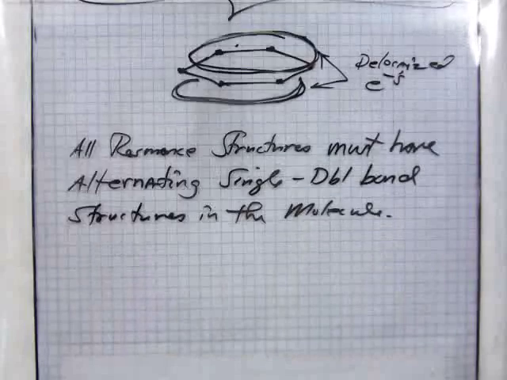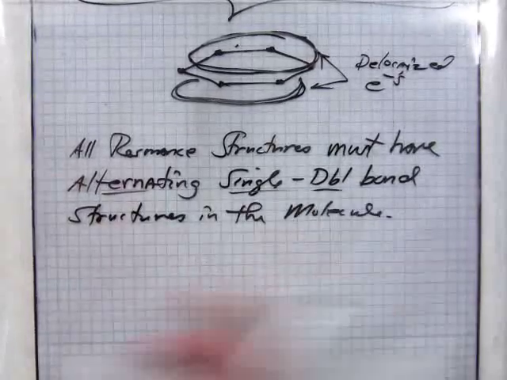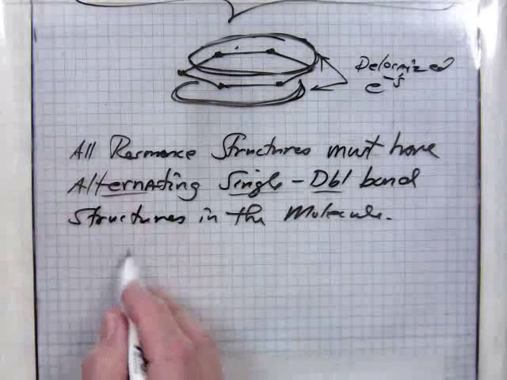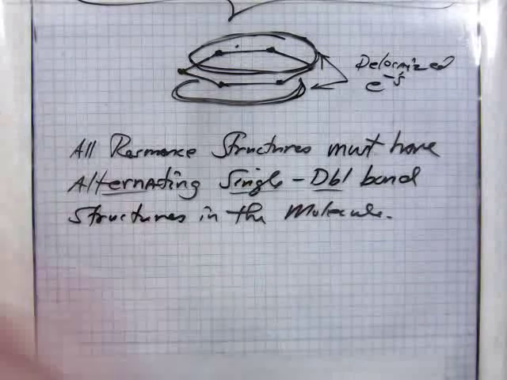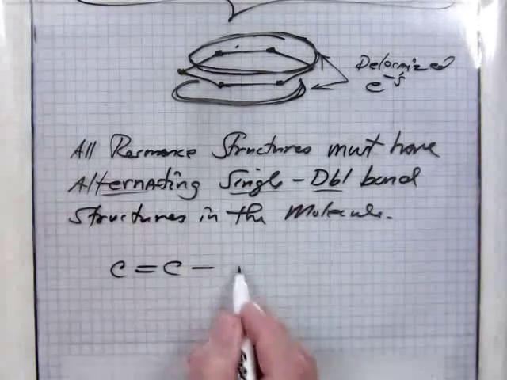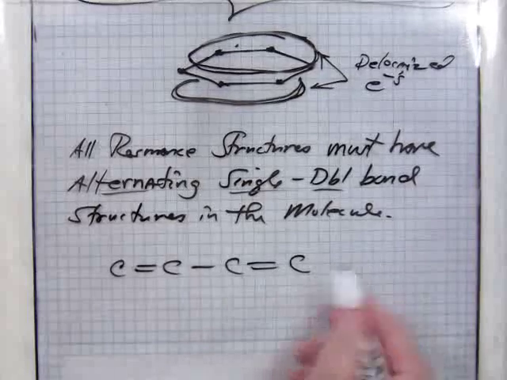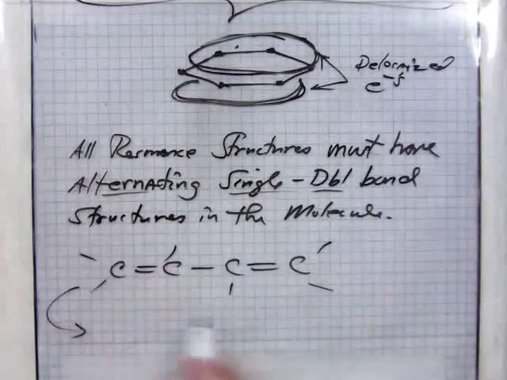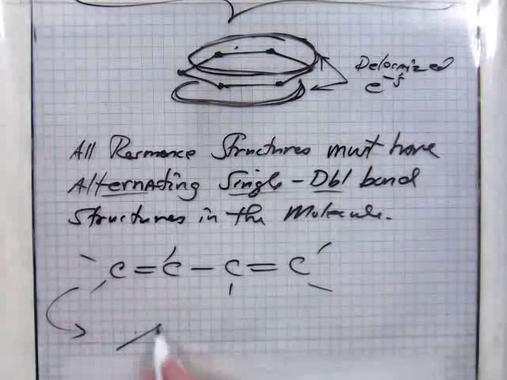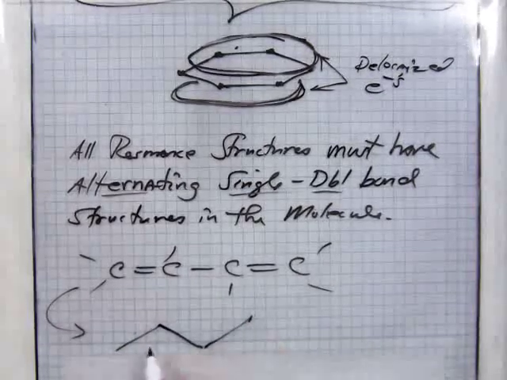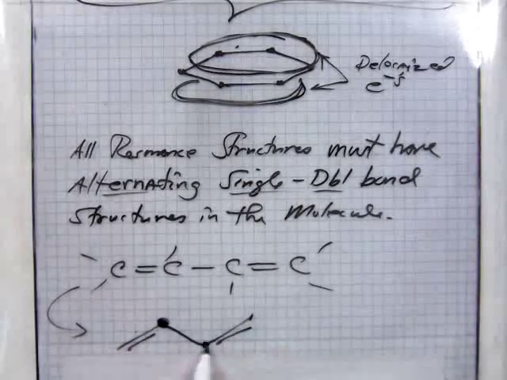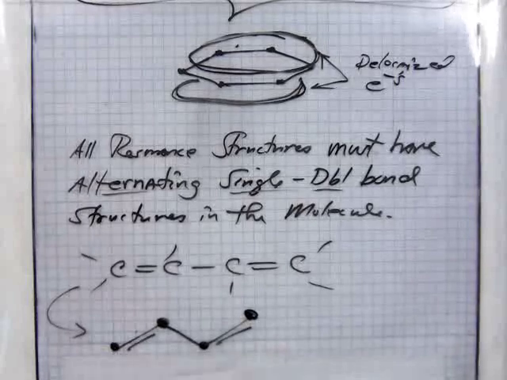So if it has this alternating single double bond structure, you can draw various electron dot structures. One of the structural formulas that's used, say, for something like this, like that, can be written as a structure like this. Those are the same thing, where all the bends and ends are carbons.